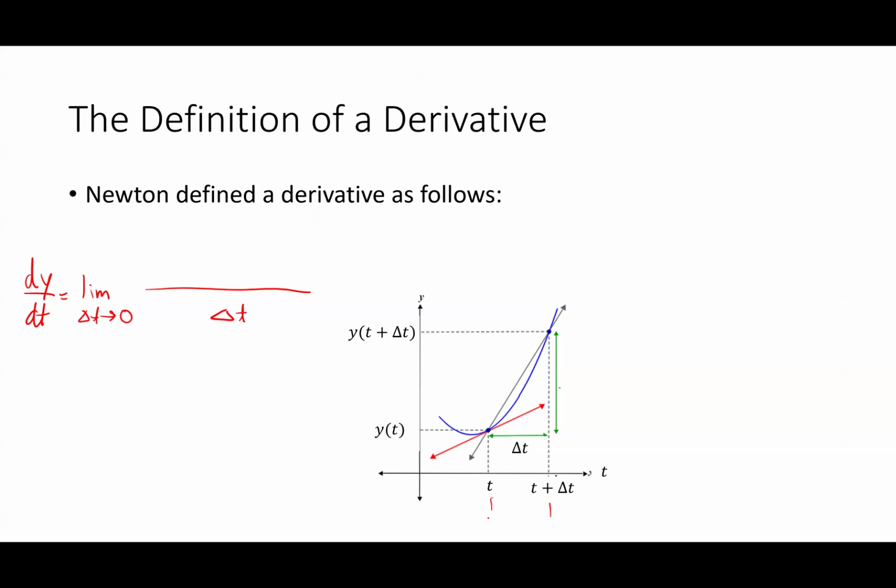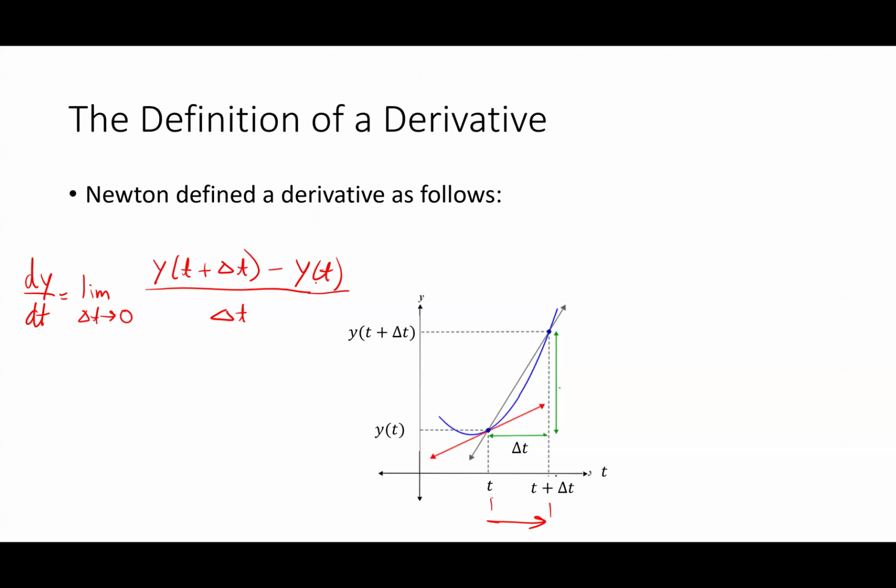So as I move delta t here on the x-axis, on the y-axis, how much do I move? There's a couple of ways to write it, but I'm going to write it this way. y of t plus delta t minus y of t. So if I let delta t shrink closely down, that becomes what the derivative is. Okay. That's our basic approach to that.